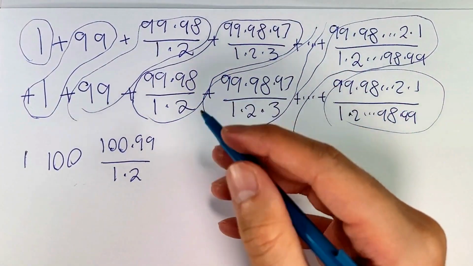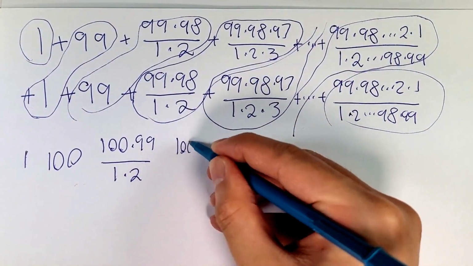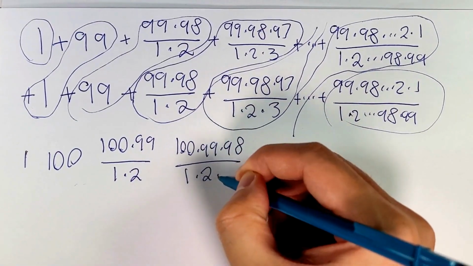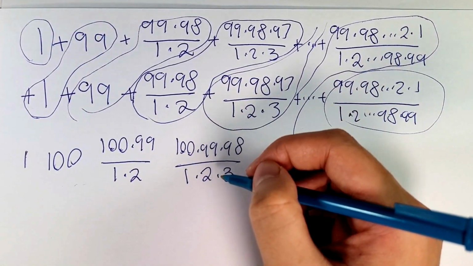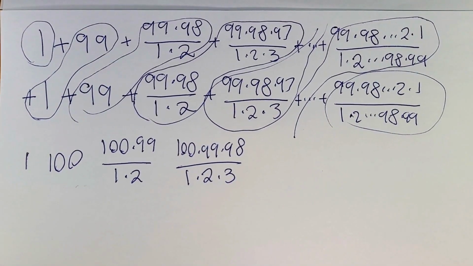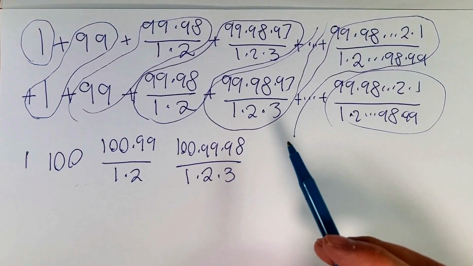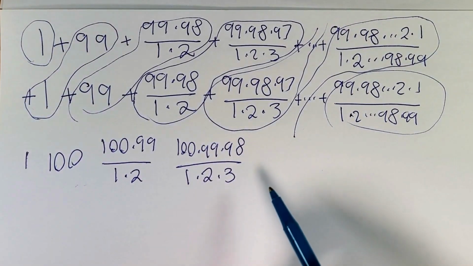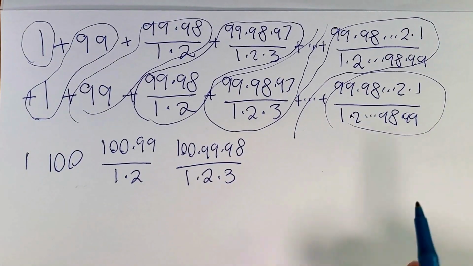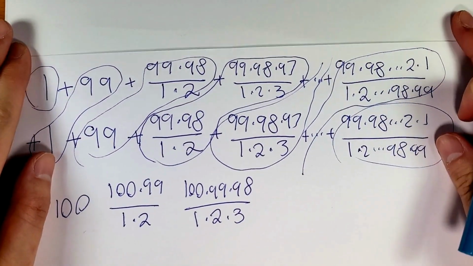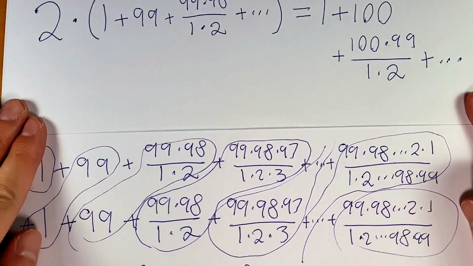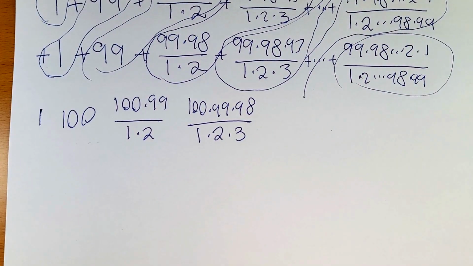That this number here equals 100 times 99 times 98 over 1 times 2 times 3, and so on. And so after making these calculations, we will eventually see an emerging pattern here that will explain why we have this equation here. So let's take a look.